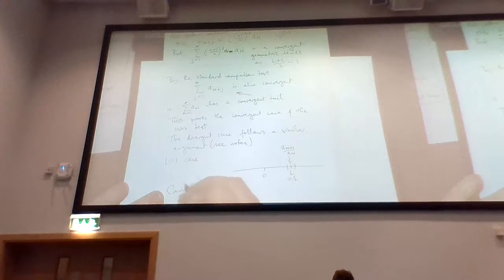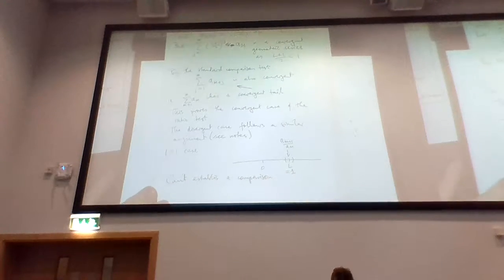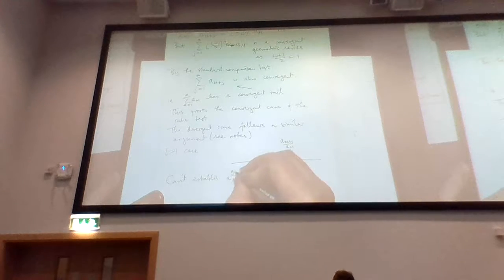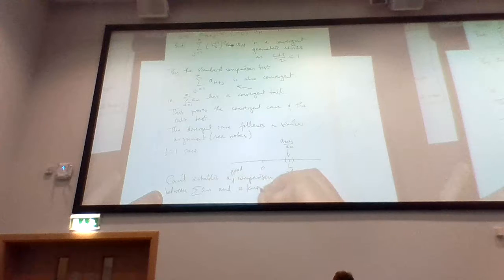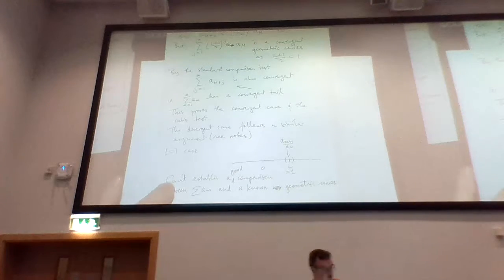So with this information alone, we can't establish the right kind of comparison, a good comparison, between our series, the sum of a_n, and a geometric series known to be convergent or divergent.